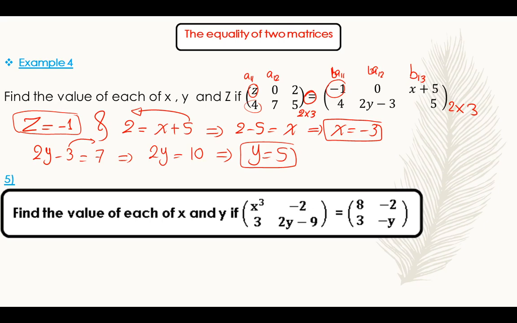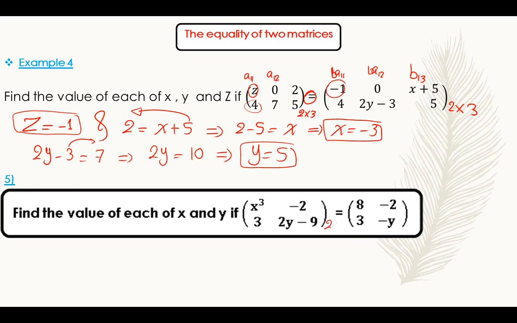Another example: find the value of each of x and y if the first matrix, x to the power of 3, negative 2, 3, and 2y minus 9, is equal to the second matrix 8, negative 2, 3, negative y. Here you can see that the two matrices are of the same order.